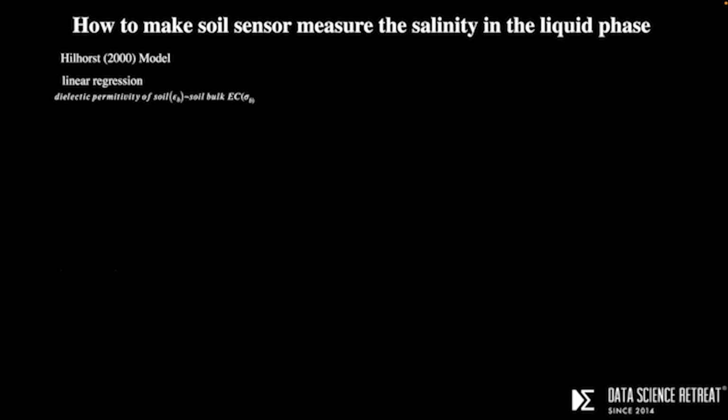There is a model, the Hilhorst model, that estimates the linear relationship between the dielectric permittivity of the soil and the bulk electrical conductivity of the soil. Permittivity is how the soil holds the electric charge. They use this simple equation to estimate the salinity in the liquid, and this type of sensor measures these three variables.